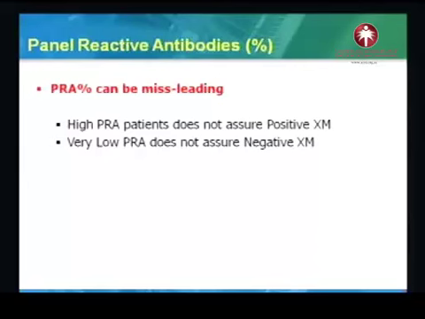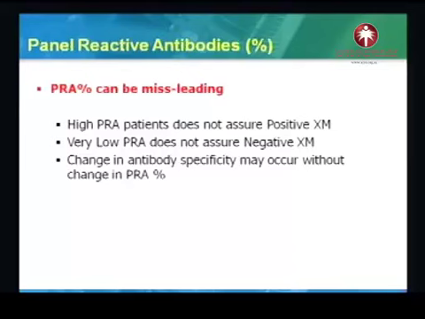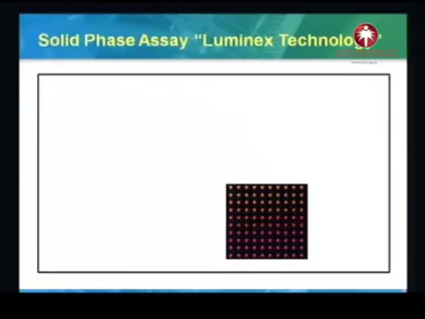But when we do the real cross-match, they will show up. A change in antibody specificity may occur without a change in PRA. Again, it all depends on the composition of the panel, so it's very dependent on the panel being used.